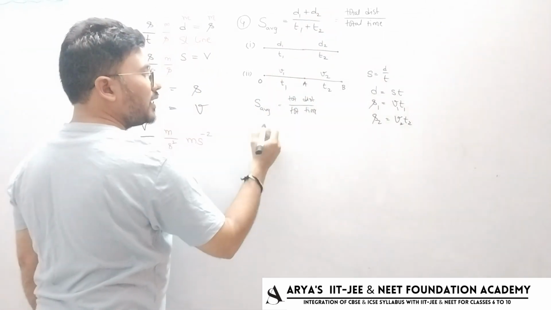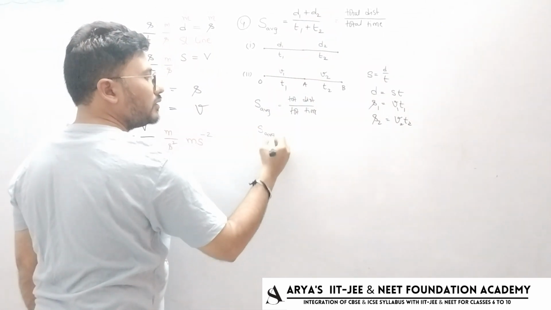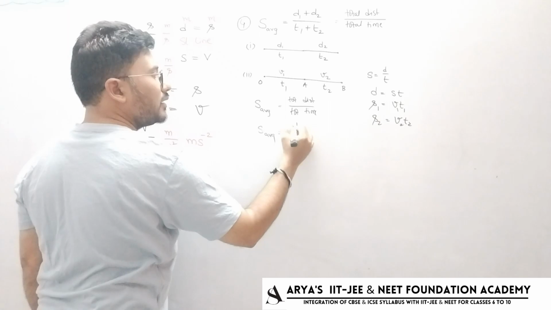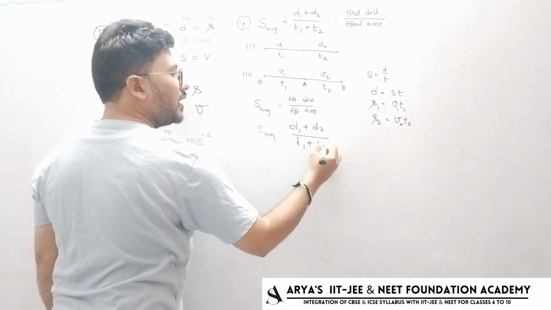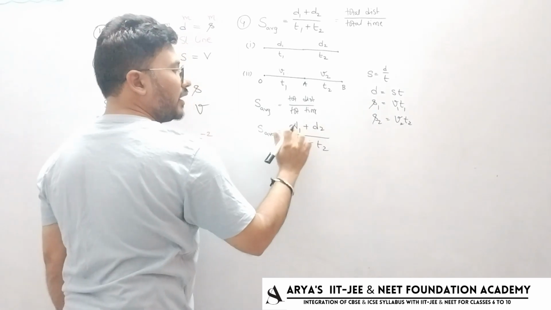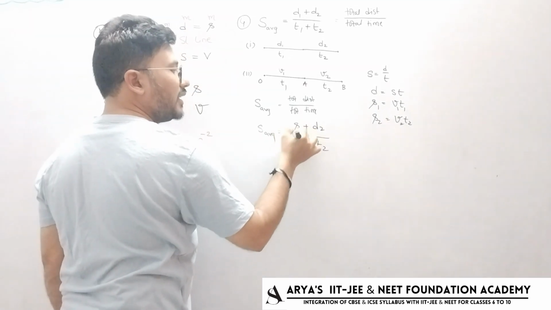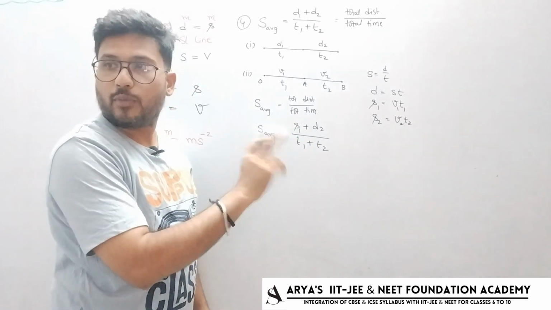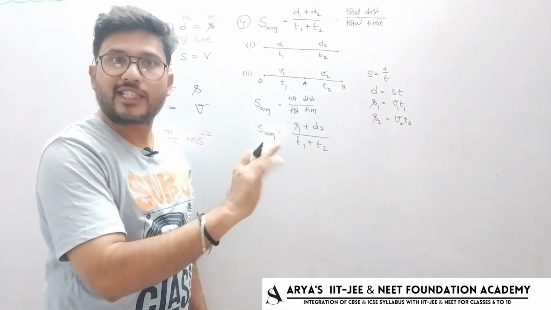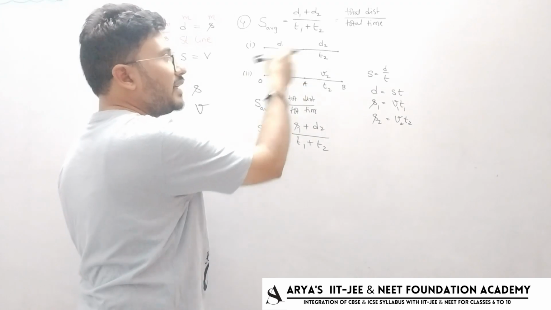Same formula you write. S average is equal to what is total distance? D1 plus D2 upon T1 plus T2. Now D1 is nothing but S1 only na? Distance. Don't get confused. S or D both are same. Distance, displacements both are same, both are going in straight line na?